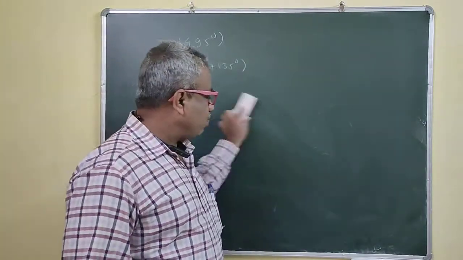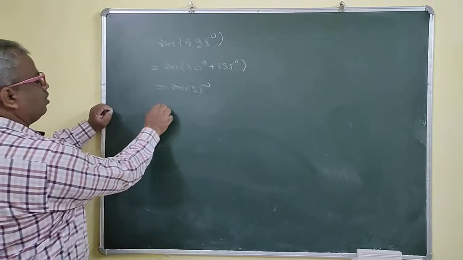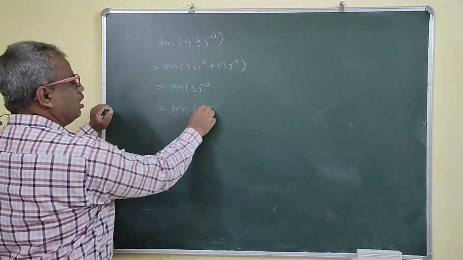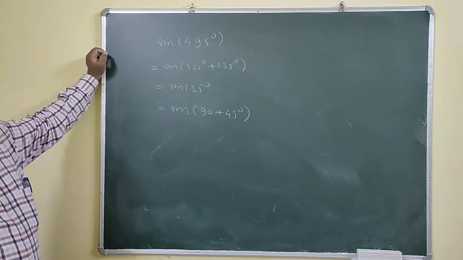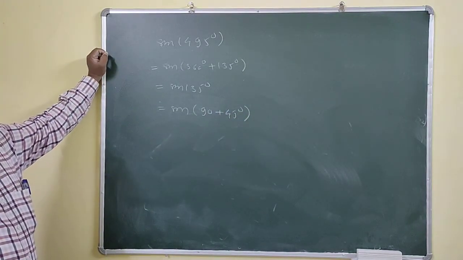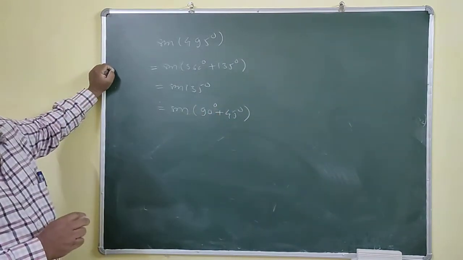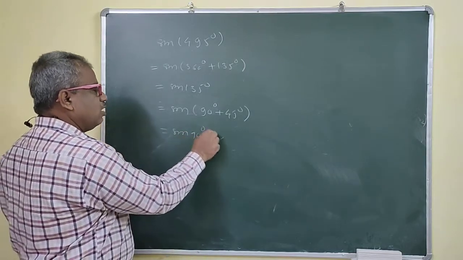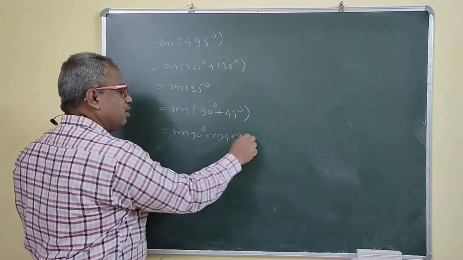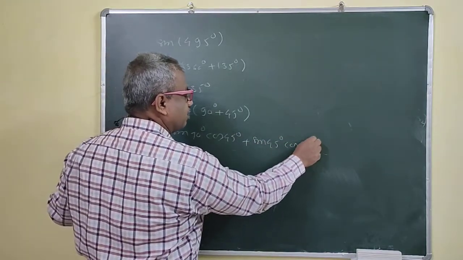But again we don't know the value of sine 135 degree. Again we can write this as sine of 90 plus 45 degree. Now you can apply sine A plus B. So this is sine 90 degree cos 45 degree plus sine 45 degree cos 90 degree.